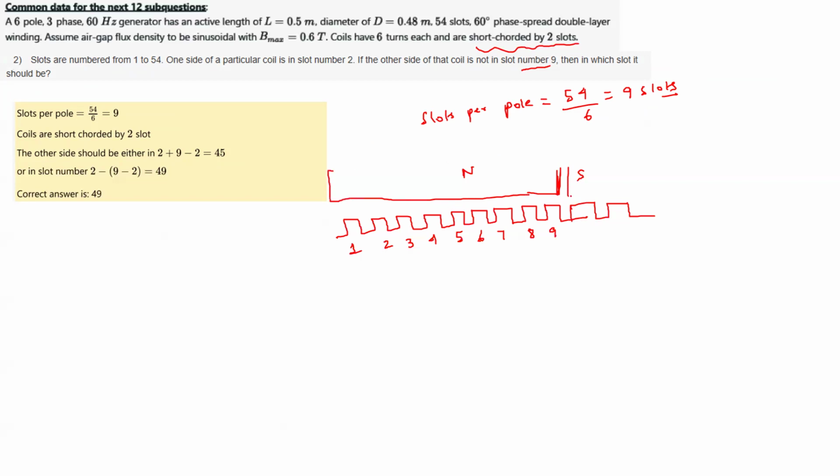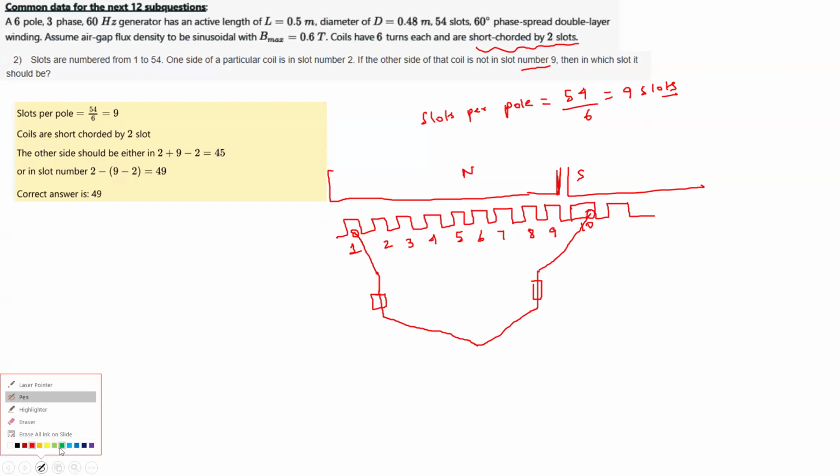Under normal conditions, if this is a coil, I'm drawing the coil down. One end of the coil should have been in 1 and the other end at 10. But they are saying that instead of keeping it at 10, because this is short chorded by two slots, it is kept here instead.